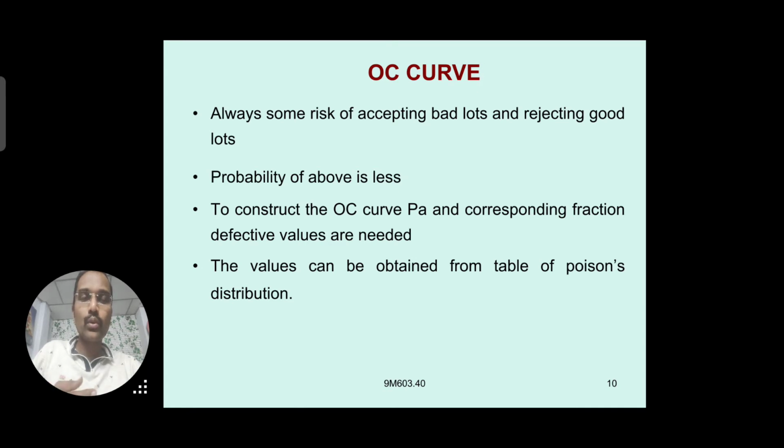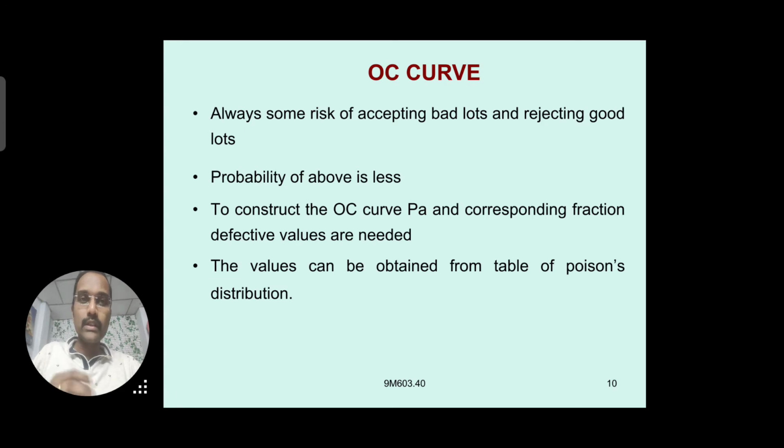Why? Because if this is happening every time, accepting the bad lots or rejecting the good lots, it will reduce the quality the organization provides, and it will give a bad name to the organization.